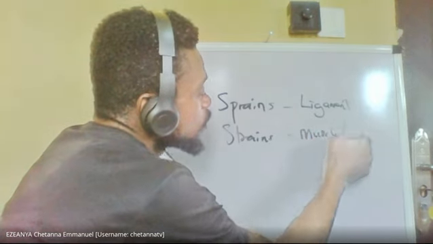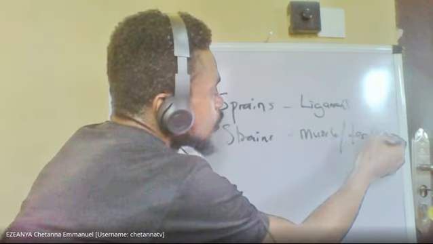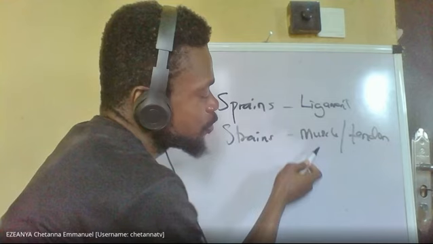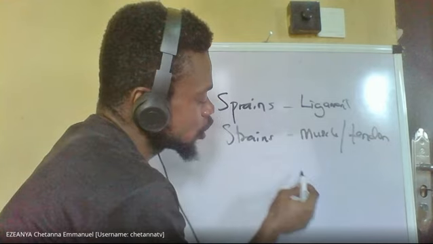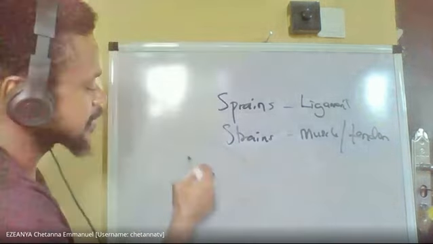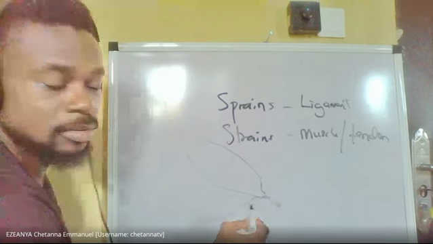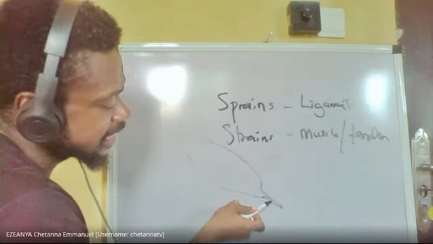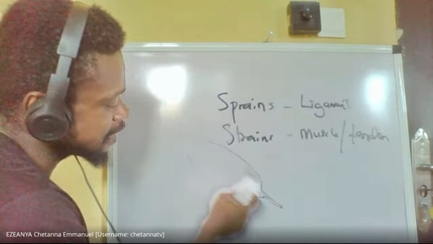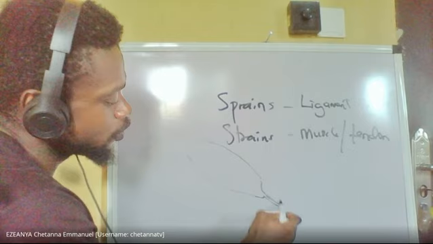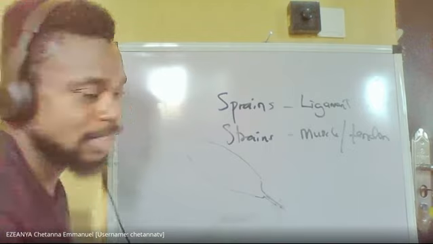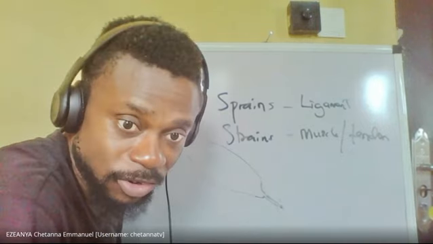More of tendon anyway. Why did I add muscle? You know that muscle is like this, but at the end of the muscle we have your tendon. And it is the tendon that attaches the muscle to the bones. So that's why I just leave it at muscle or tendon injury.